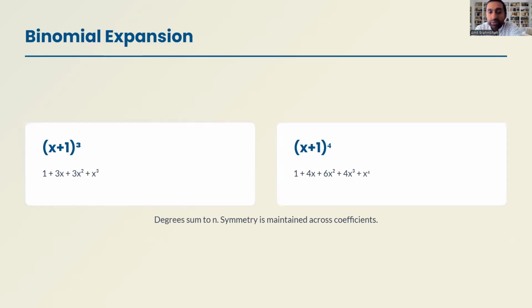Expanding to the fourth power gives us 1, 4, 6, 4, and 1. Now, notice how the exponents of x decrease while the exponents of y increase, but their sum always equals n. The triangle provides an instant shortcut to expanding complex polynomials.